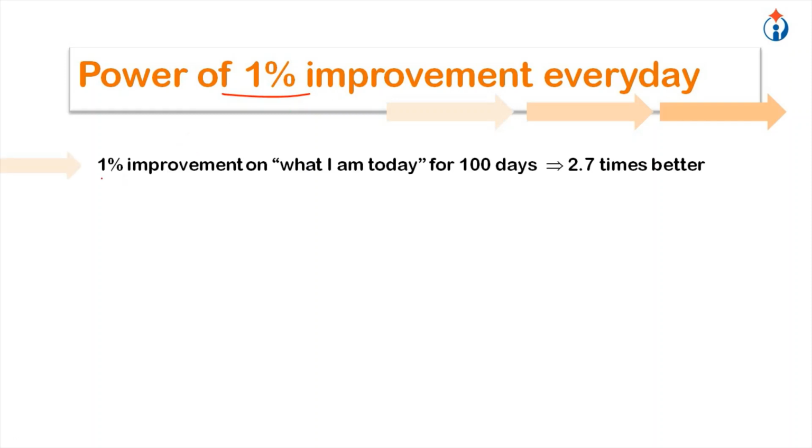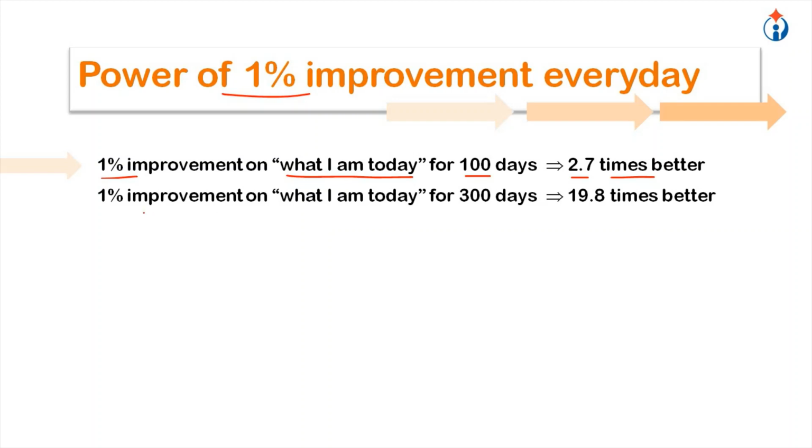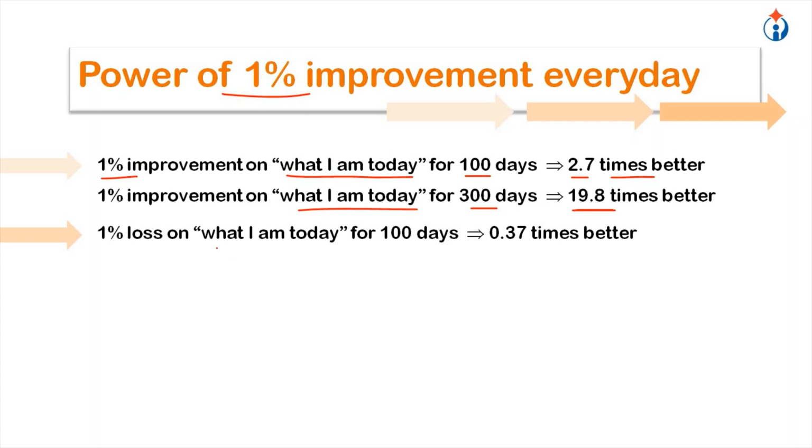Look mathematically, 1% improvement on what I am today for 100 days will make you 2.7 times better than what you are today. 1% improvement on what I am today every day for 300 days will make you 19.8 times better. 1% loss on what I am today for 100 days, 0.37 times of what you are today.